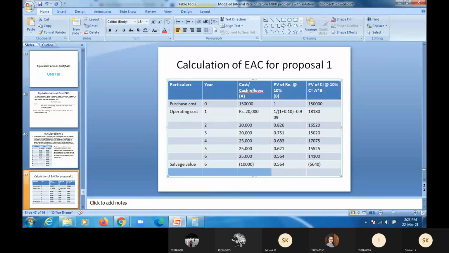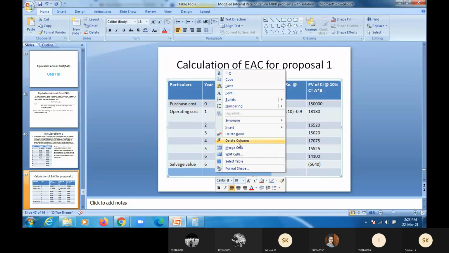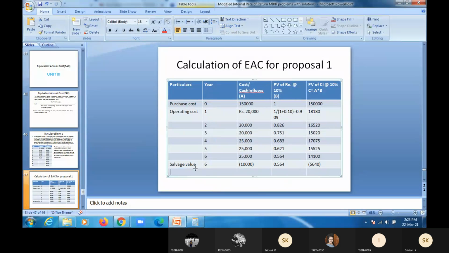Write here total present value of cash inflows.